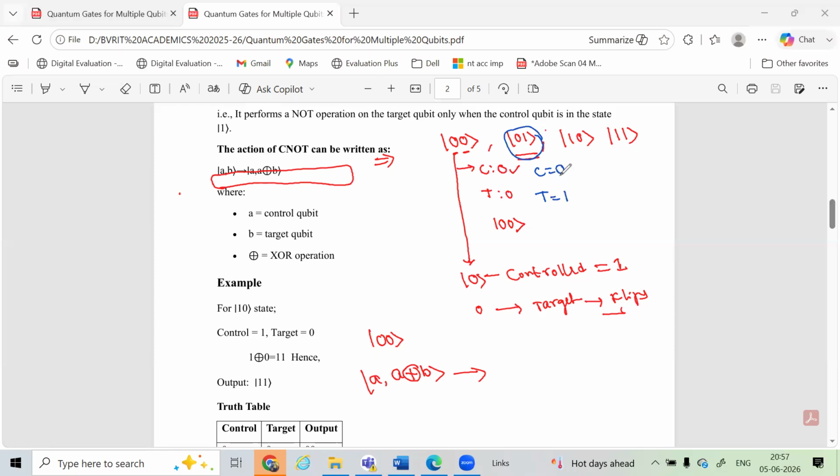But as per the rule of the CNOT gate, only if the control is 1 does the target flip. Here the control is 0, right? There is no change in the target. Then the final answer is 0, 1.